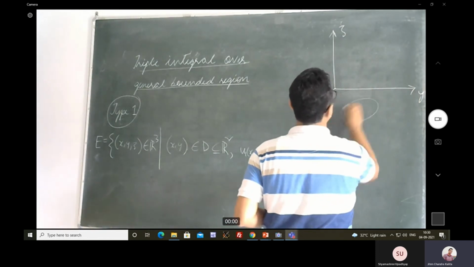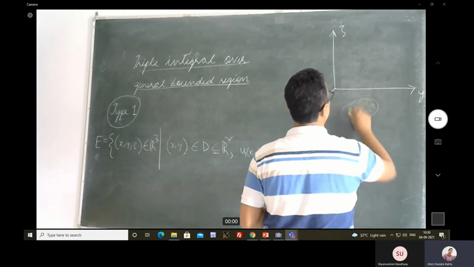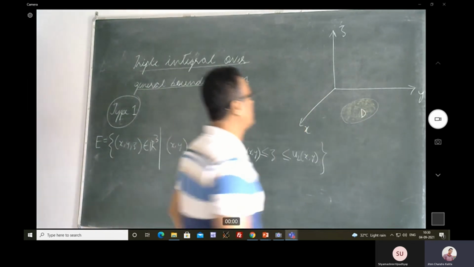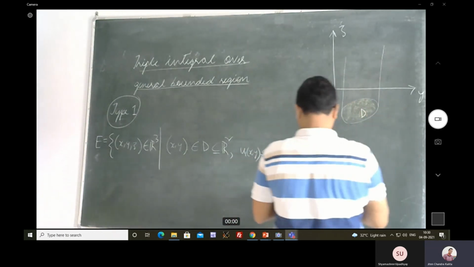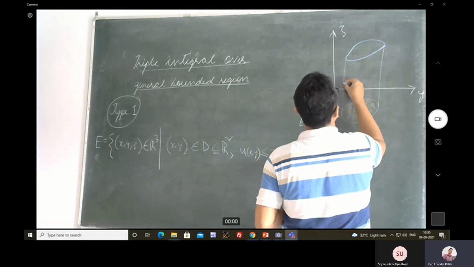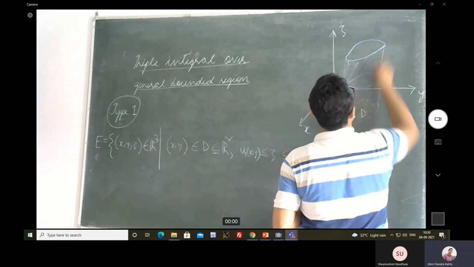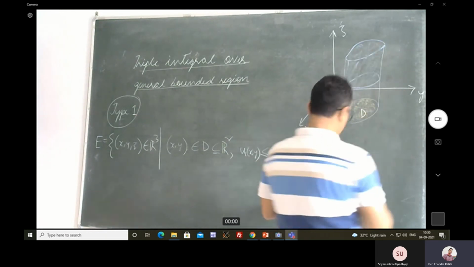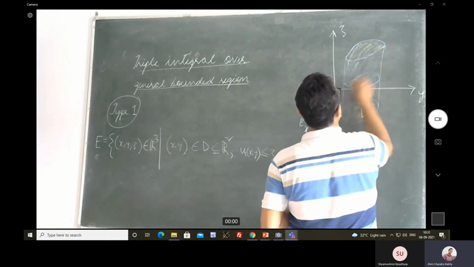Say suppose this is my domain D in the xy plane, and of course, it is a bounded domain. Then, say suppose this is one surface, and so basically I am considering this shaded blue domain, and these are the two surfaces.